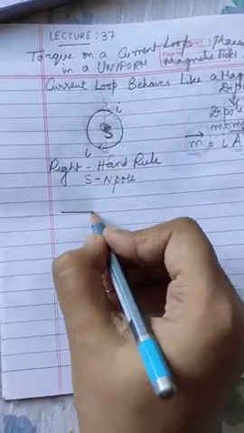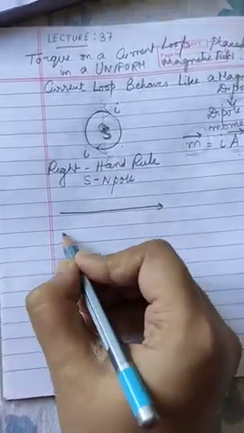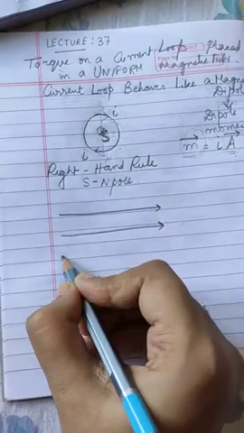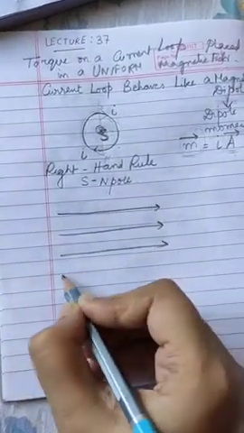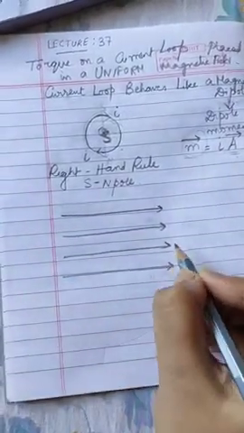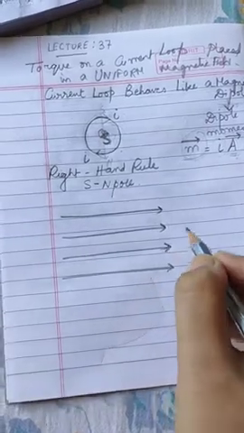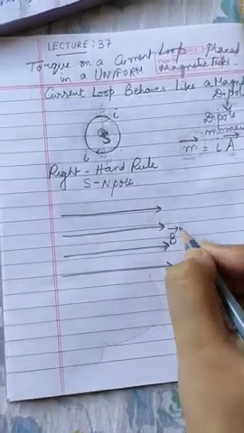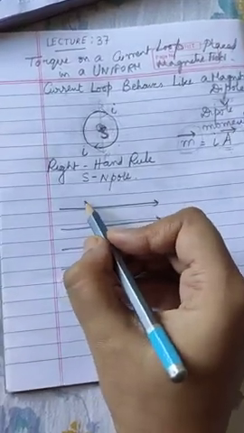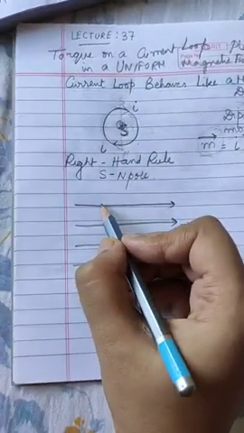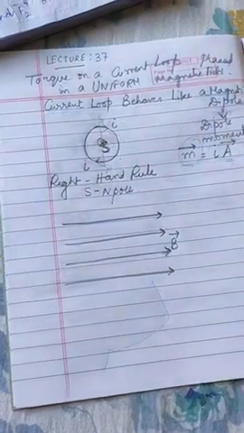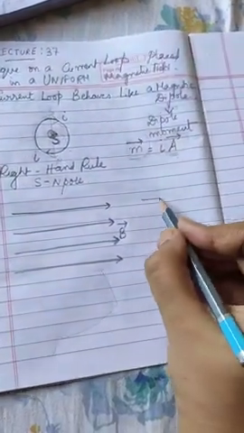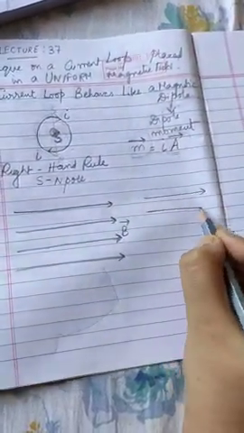So suppose we are having a magnetic field in this direction. This is how it is done in the book, so I'm doing it like this, though this method is more complicated. And suppose the initial position is like this.